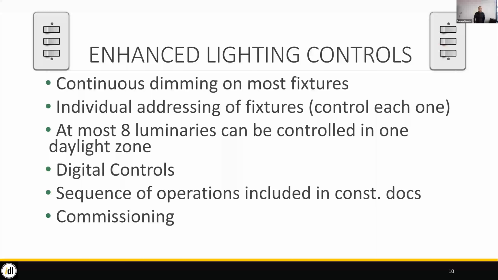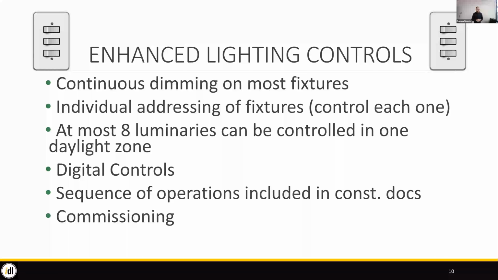The other option you can do on the lighting front is enhanced controls. So this is, you have to comply with all of these points. You have to have continuous dimming. Each light, they call it luminaire, is individually addressable. So you can control each one, not that every single one is on its own controller, it just has the option to be controlled.